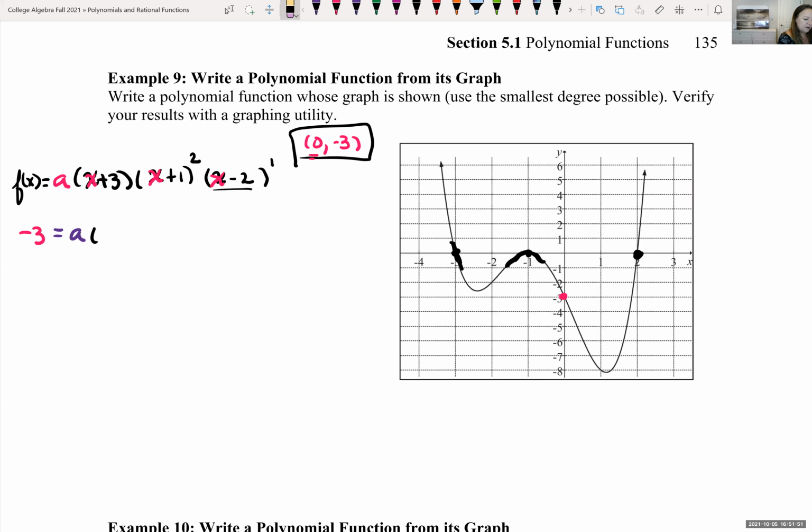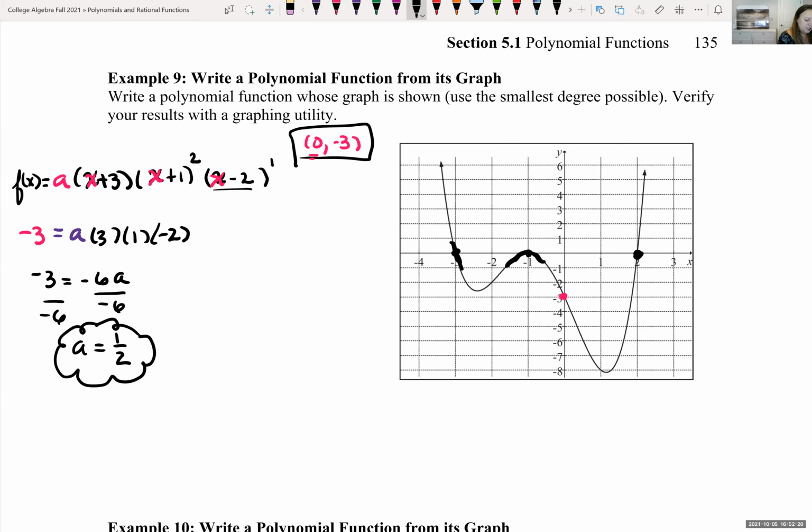Oh no, I was right, I was plugging in 0. So I have -3 equals 3 times 1 times -2, which is -6a. Solve for a, divide both sides by -6. We get a is 1/2.